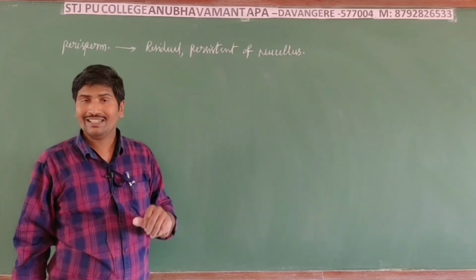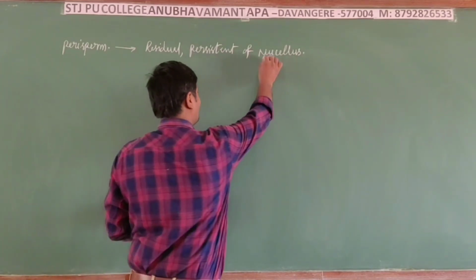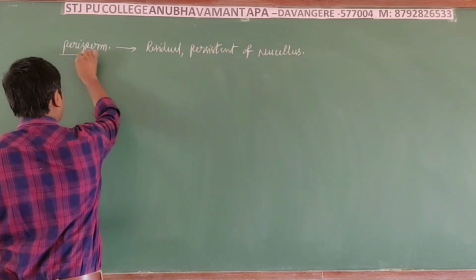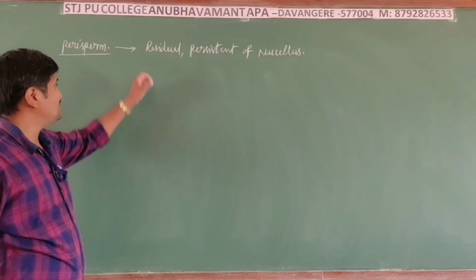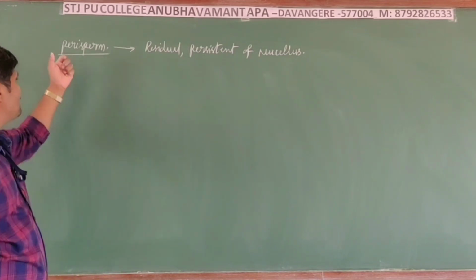When the nucellus is persistent, in the mature seed it is converted into the perisperm. That's why the residual, persistent nucellus is known as the perisperm.